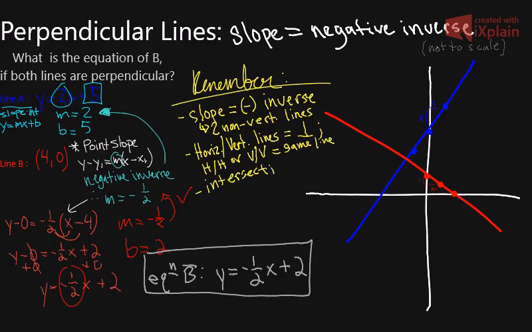If you have two horizontal lines or two vertical lines, they're not perpendicular. And perpendicular lines intersect unlike parallel lines, and when they do intersect, they form a 90-degree angle, which is seen here.